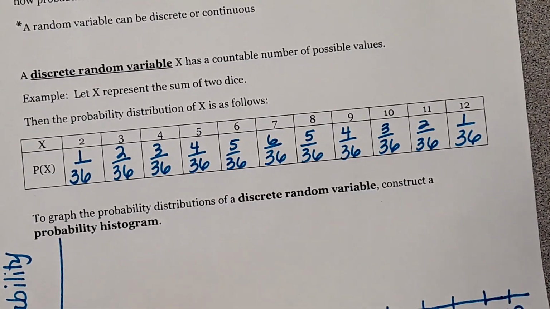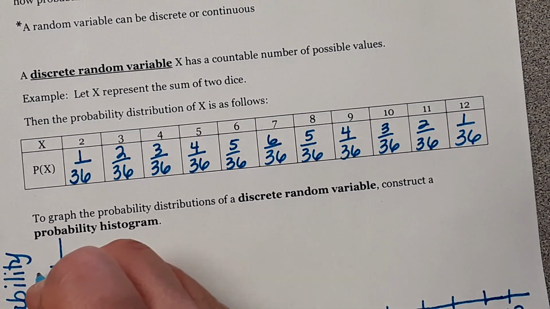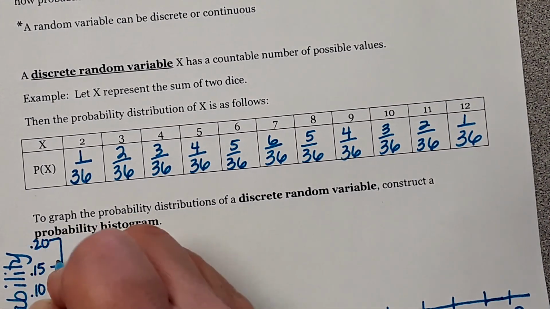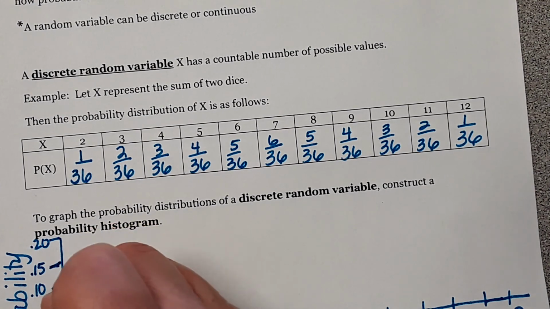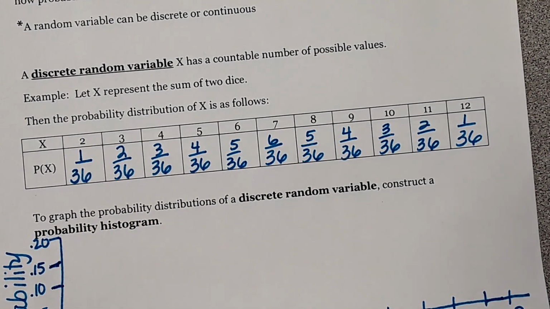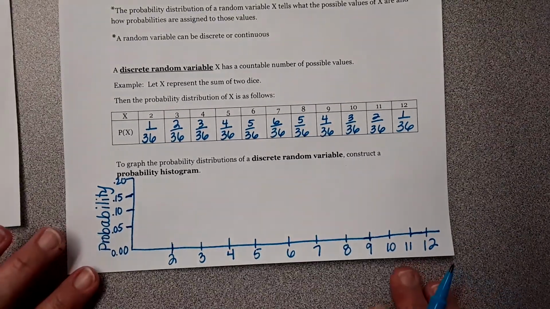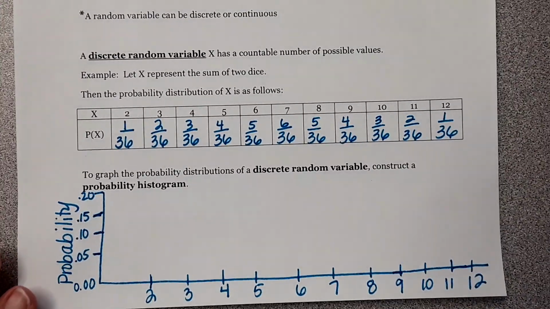And then your probabilities are 0.00, 0.05, 0.10, 0.15, and then 0.2. Well, again, I do not have any spatial sense apparently. Number sense maybe, not spatial sense.